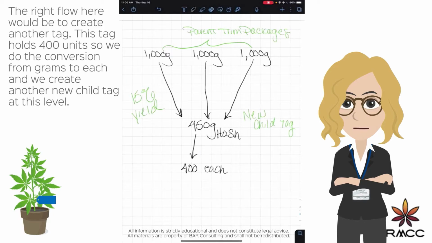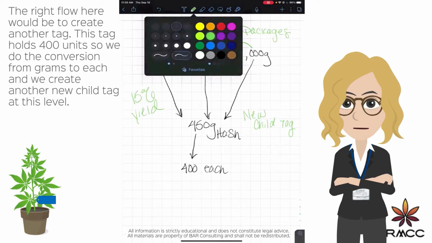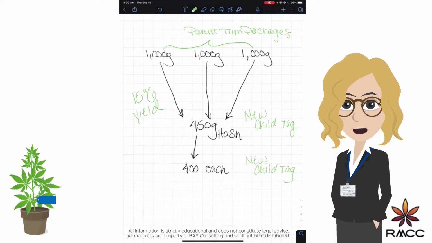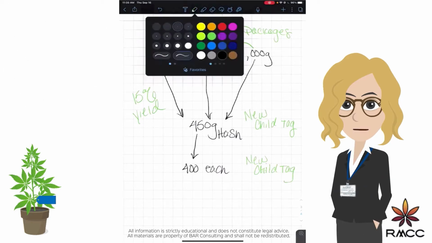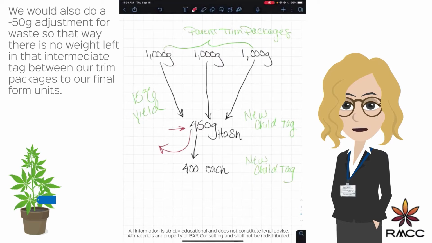And then we create another new child tag at this level. And then in addition here, what we would also do is, of course, from this tag right here, we would also do a negative 50 gram adjustment for waste.